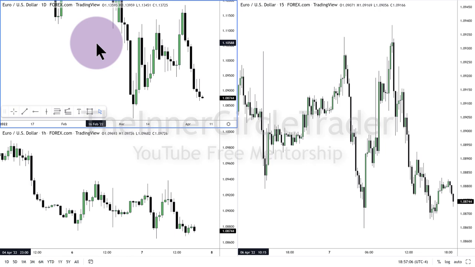What do my charts look like when I'm going through the motions of looking for trade setups, and how do I navigate from higher time frame down to the lower time frame, and how do I work with daily bias, and what do I do with my charts to streamline the analysis from high time frame to low time frame. I'm going to show you that in this lesson here.